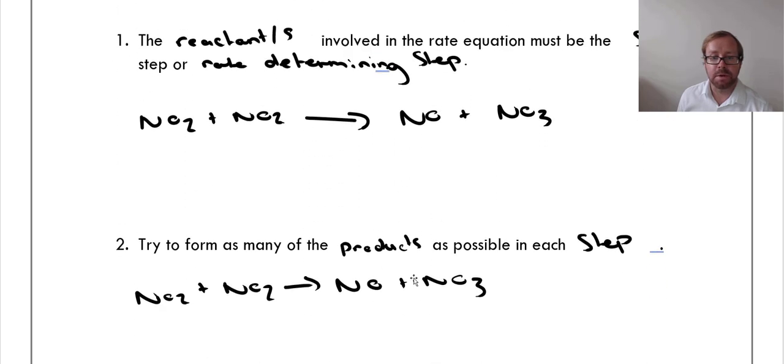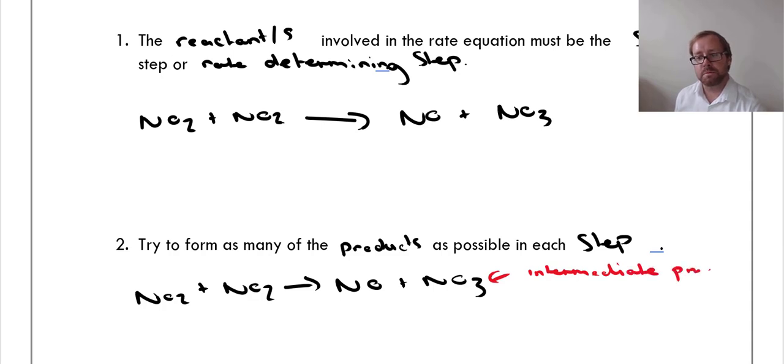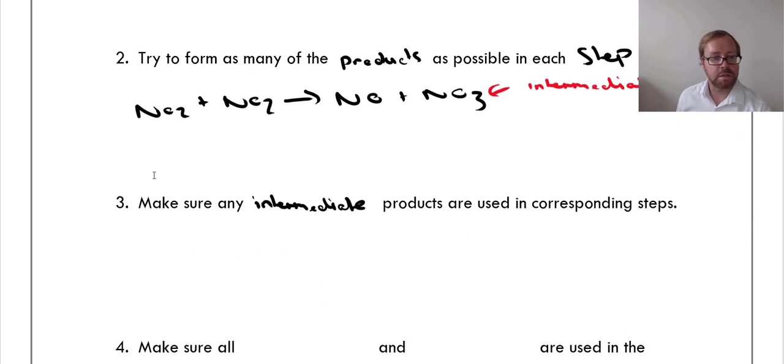So that means my NO3, which I formed here, must be an intermediate product. So I need to make sure that I use this up in my next step. So I must now know that I have an NO3 in my second step.